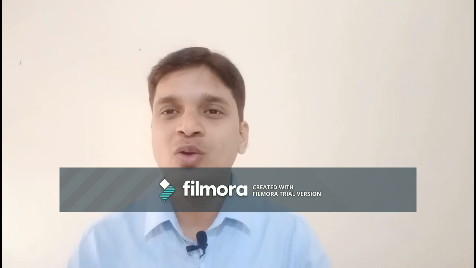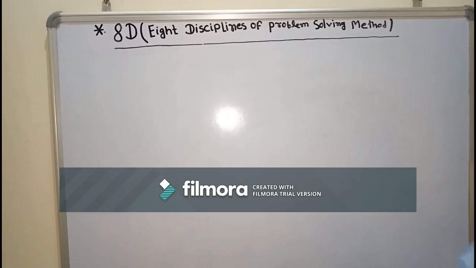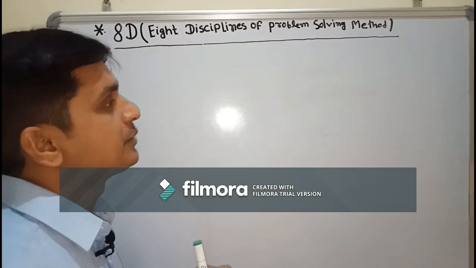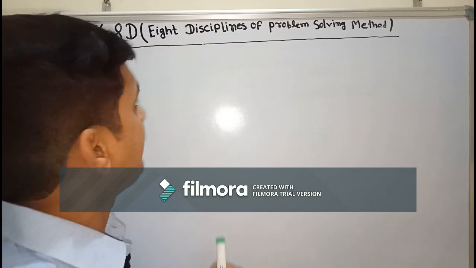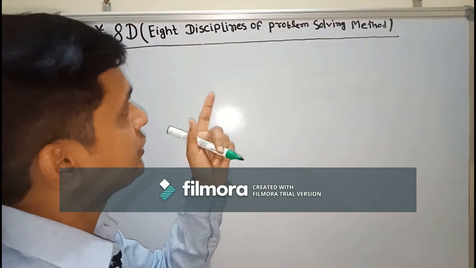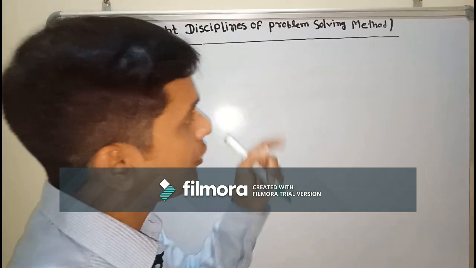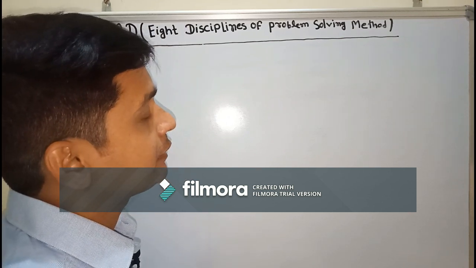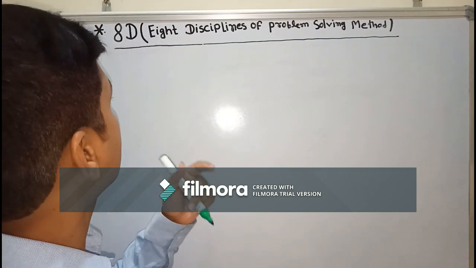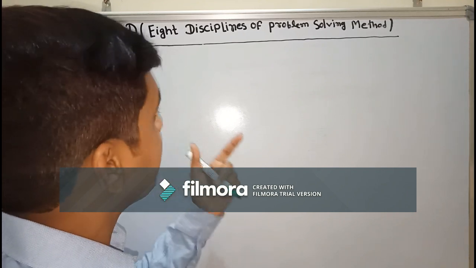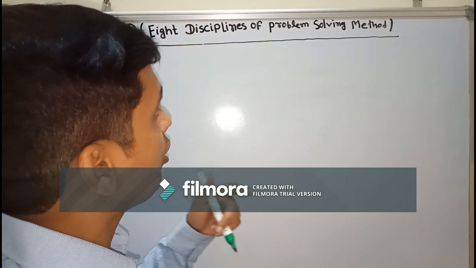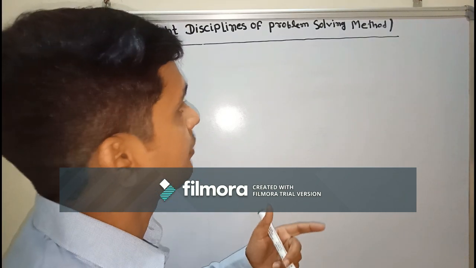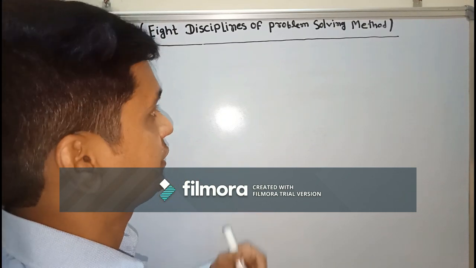So let's start: what is 8D, the 8 disciplines of problem solving. 8D was first implemented by the Ford automotive car manufacturing company, and that is why it is also called Ford 8D, Global 8D, and sometimes Team Oriented Problem Solving, TOPS.